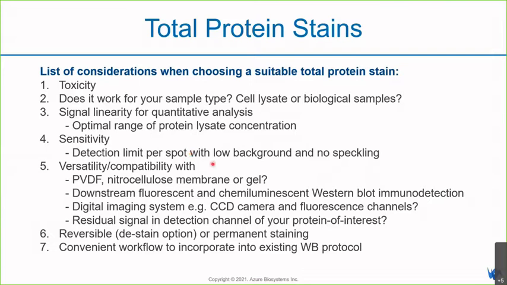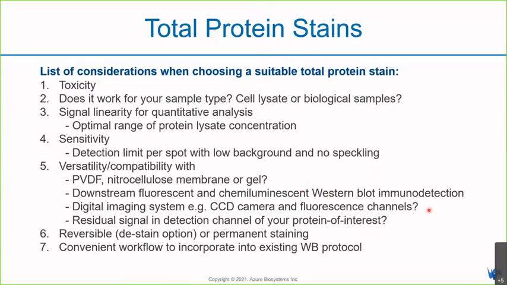We also have to make sure that the protein stain chosen is compatible with your existing Western blotting protocol. For example, if you're using PVDF membrane, are you planning to stain on the nitrocellulose membrane or the gel? And is it compatible with your downstream fluorescence and chemiluminescence Western blot immunodetection?